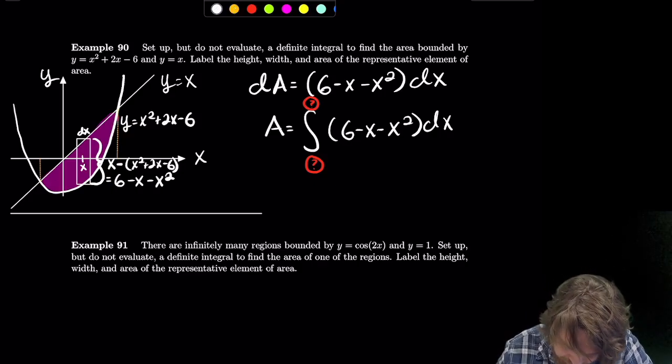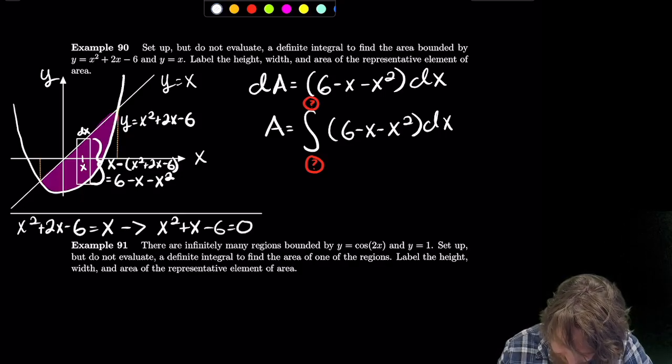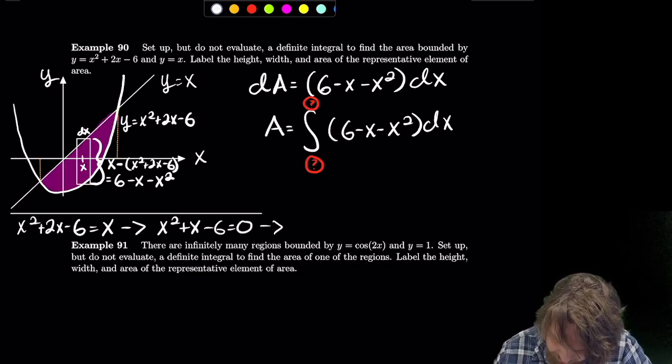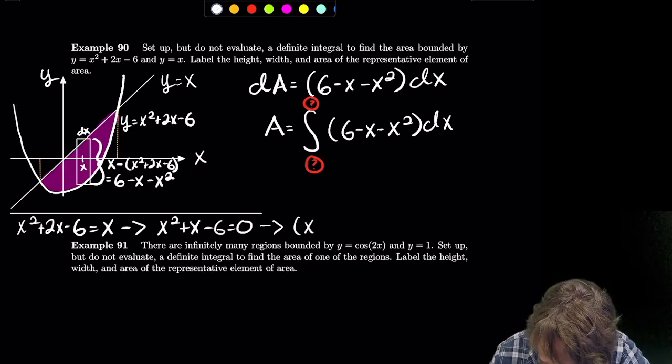So a little bit of algebra here. We'll set our two curves equal: x squared plus 2x minus 6 equal to x. Well, that turns into the quadratic equation x squared plus x minus 6 equals 0. And I do believe that this factors into x plus 3 times x minus 2.